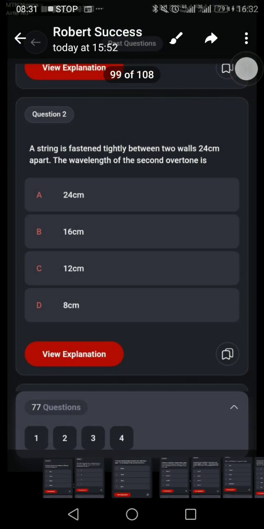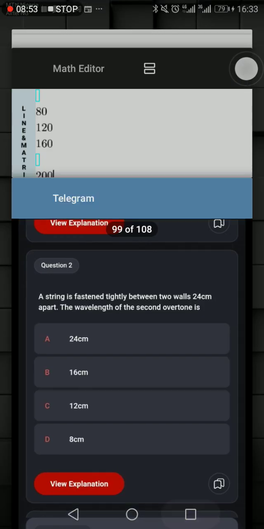Next one: a string is fastened tightly between two walls 24 centimeters apart. What is the wavelength of the second overtone? Not the frequency, the wavelength. For these, this is the formula.